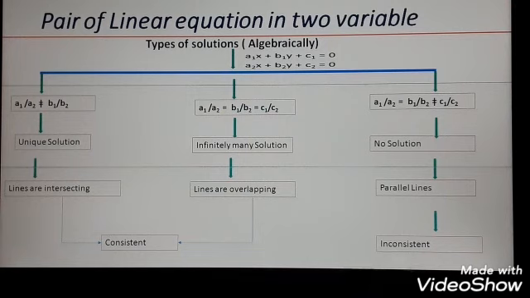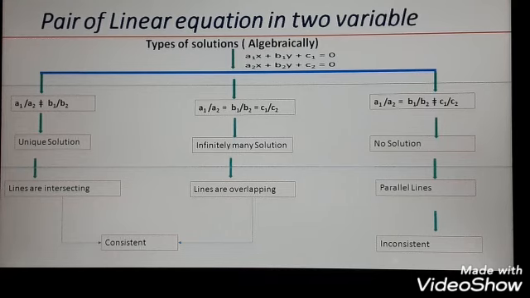Now in the previous flowchart we came to know about the types of solutions only after plotting the graph. If we want to know in advance what type of lines we are going to get, how can we judge before solving the question?